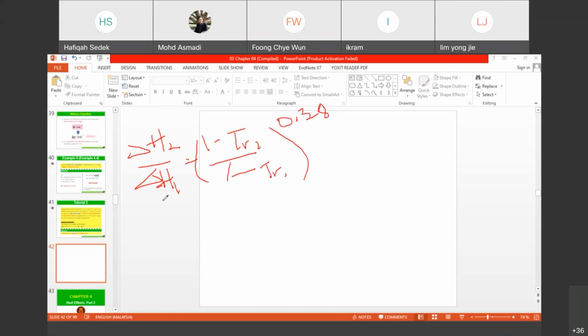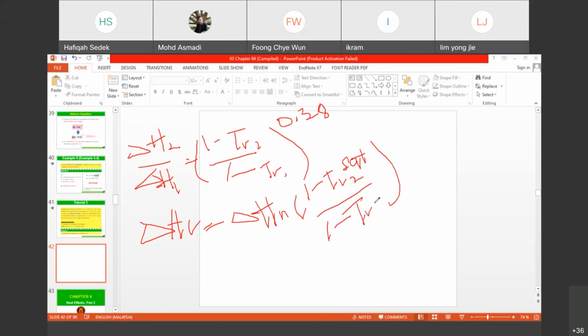So you can arrange this because you want to determine delta H vaporization. So delta H2 equals delta Hn times ((1 minus TR2 saturated) divided by (1 minus TRn)) to the power 0.38.